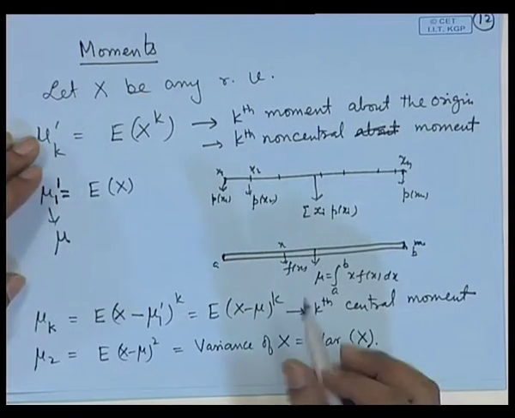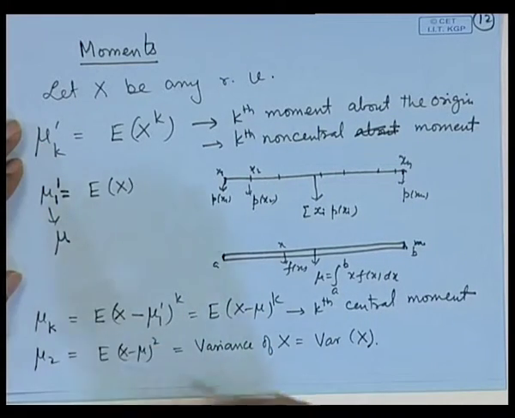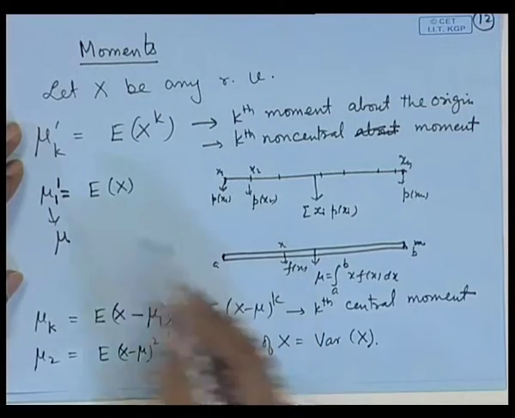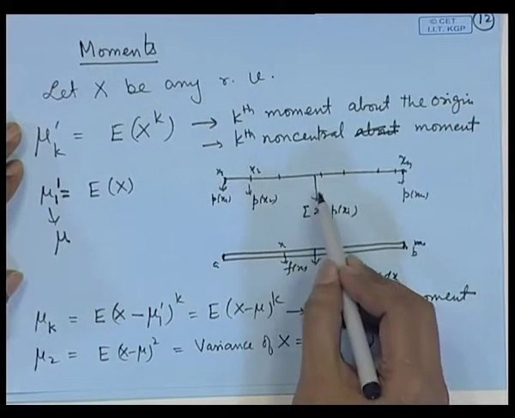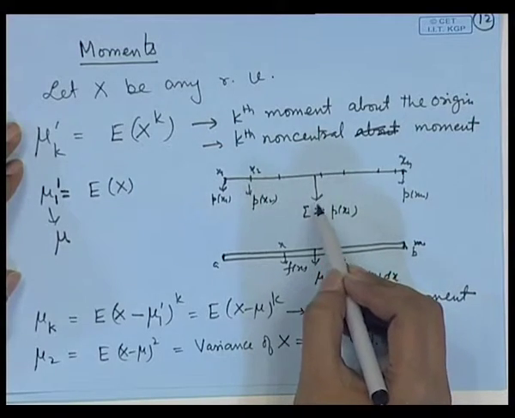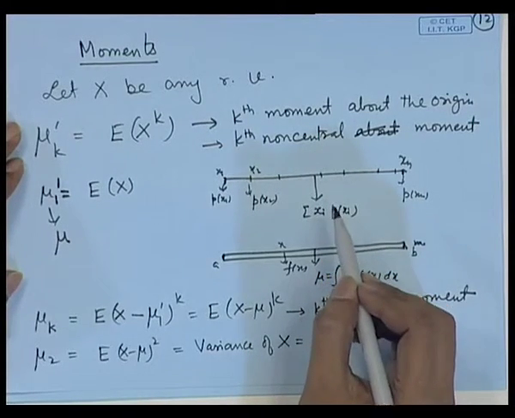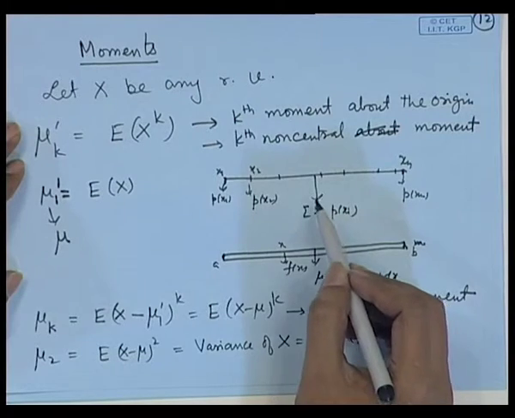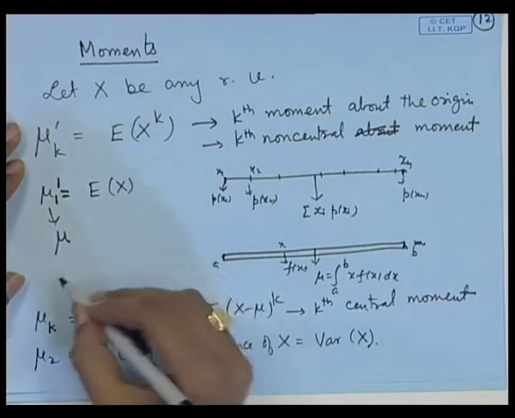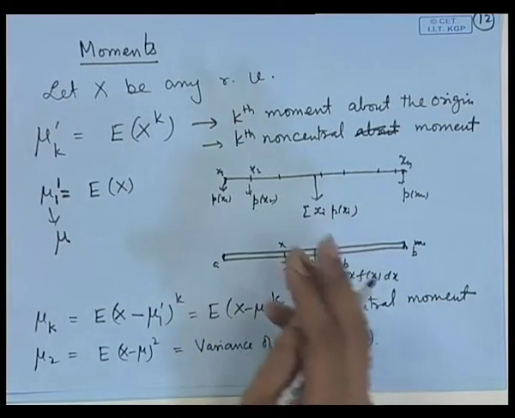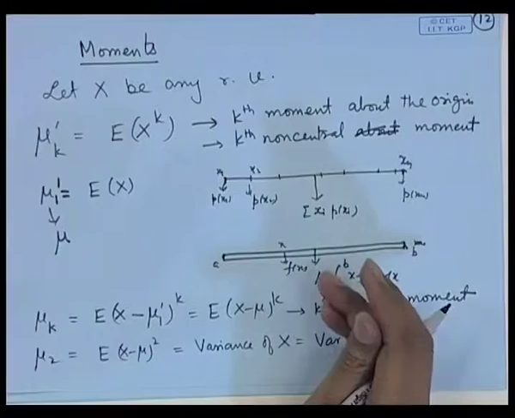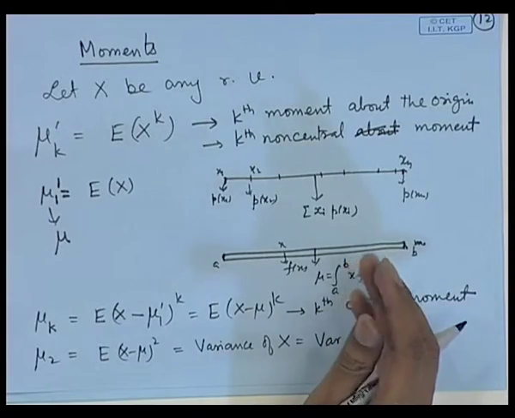Let us look at the significance of mu 1 prime and mu 2 in particular. Mu 1 prime, as I mentioned, denotes the measure of central tendency, or the center of gravity or the point of equilibrium of the distribution. We may also be interested in knowing how the values of the random variable vary with respect to the mean. To get a measure, one may look at the values of x i minus mu.